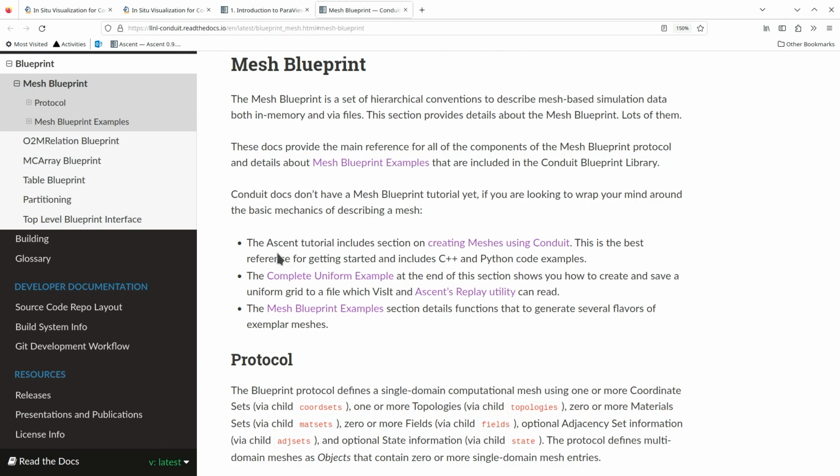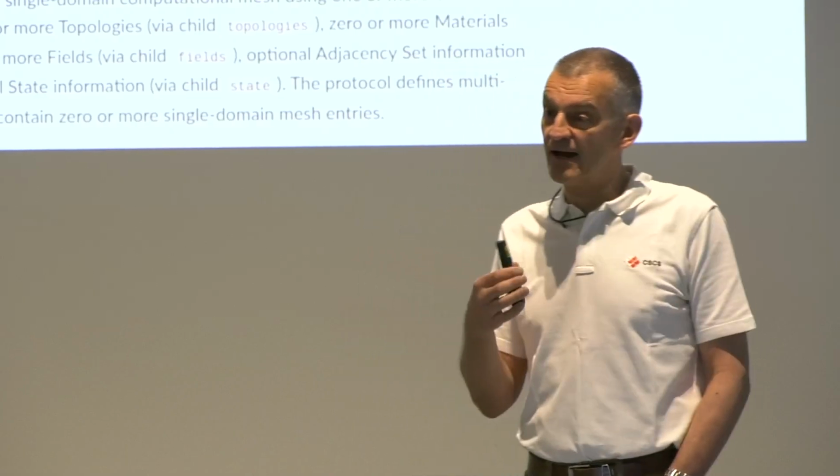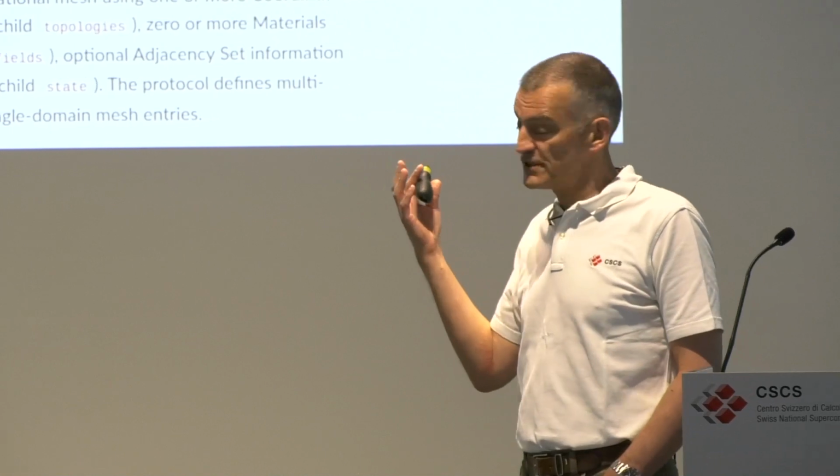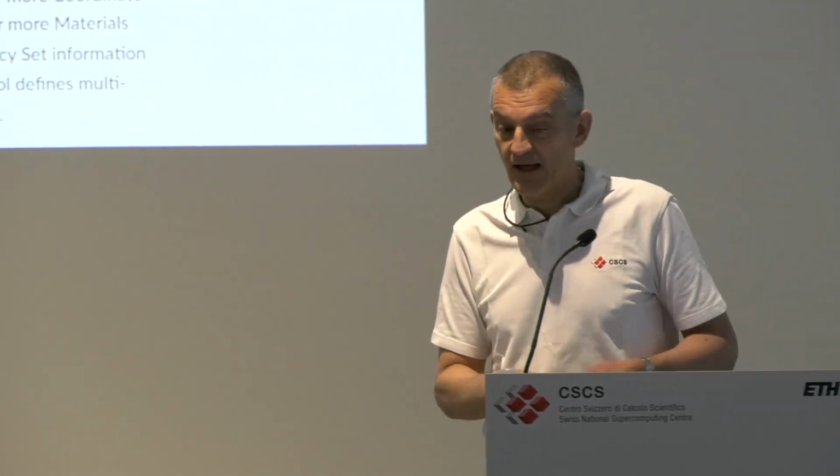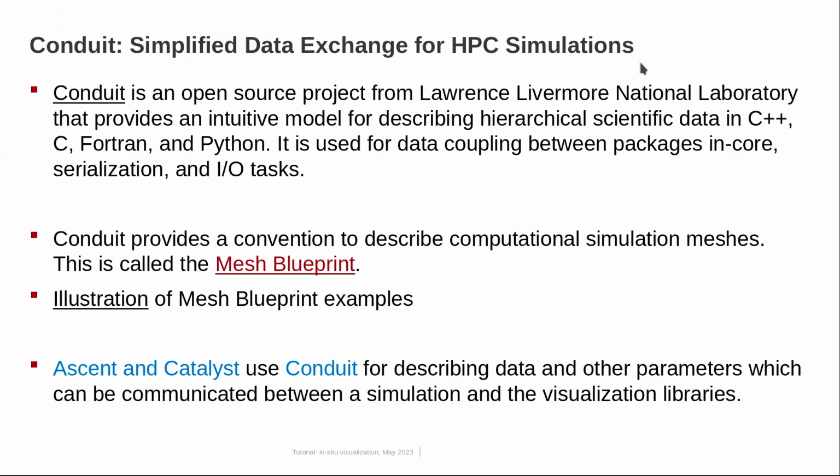The blueprint really is a way to say, I have data that represents a particular set of convention for a computational grid, and if my data follows that particular protocol, then everything is good. The data consumer will be able to talk to the data. The producer will be able to talk to the consumer.